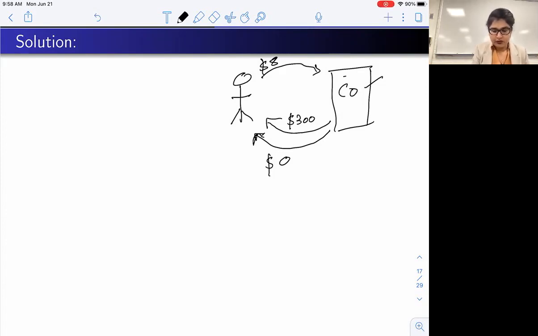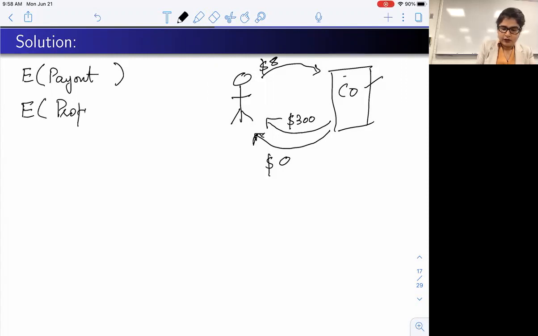We have to find the expected value, and symbolically, expected value of anything we write as E of whatever you have to find. So we have to find the expected value of payout and the expected value of profit that the company is having. This is what we have to calculate.